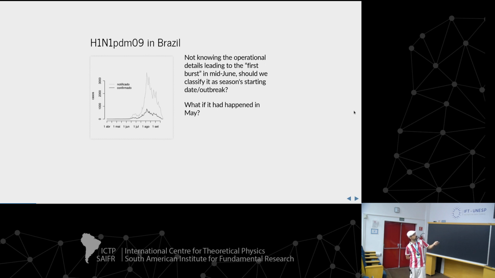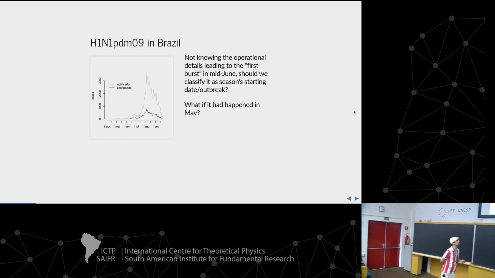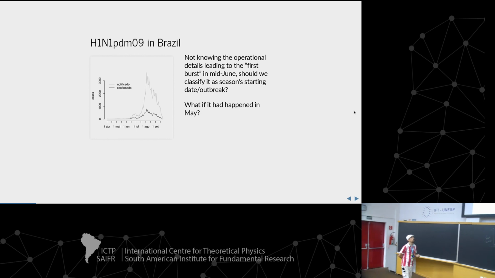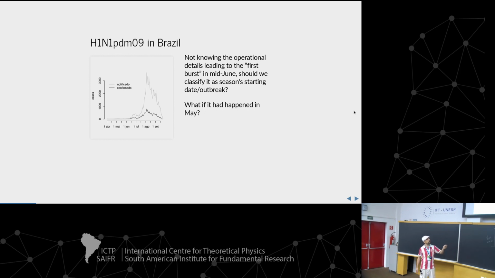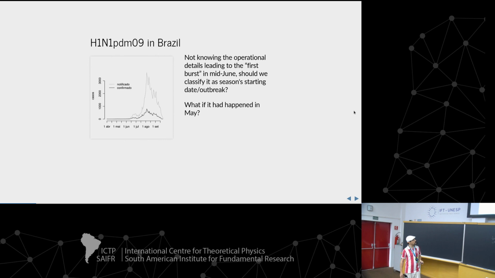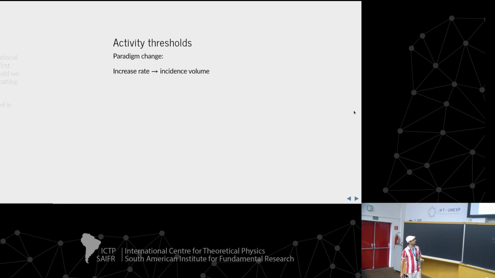Now, in fact, what indeed happened here was a change in the notification process, in the protocols for notification of cases. Okay, so this goes back a little bit to the class of yesterday on the impact of the surveillance system itself on the data that we are looking at. But let's not dive too deep into that at the moment. So it's just to have this in mind.